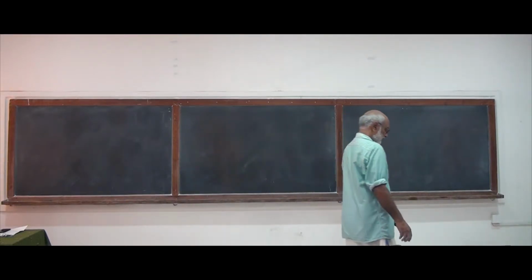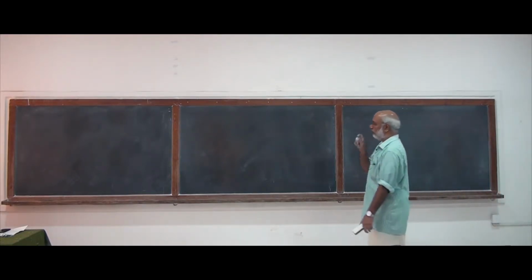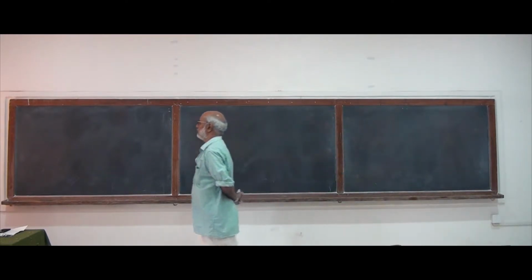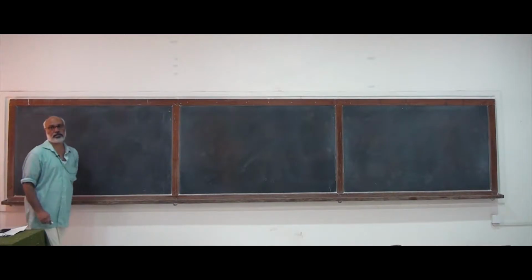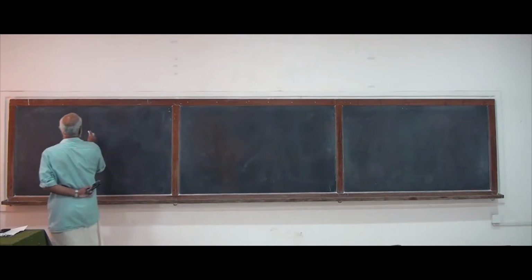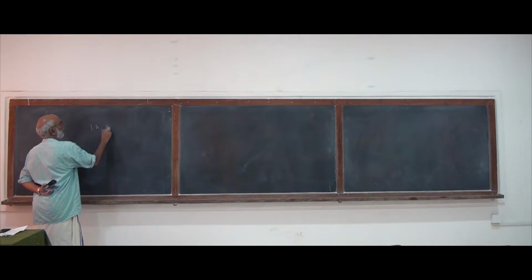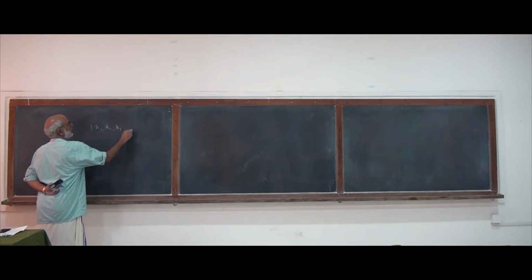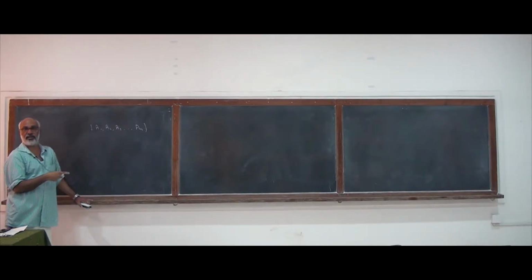And sometimes we may be using special kinds of notation for collections of sets. For example, if you have a finite collection of sets, we may denote it by A1, A2, A3 etc. Each set is indexed by a positive number.